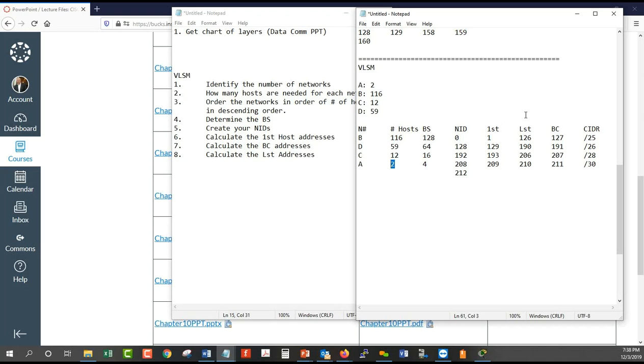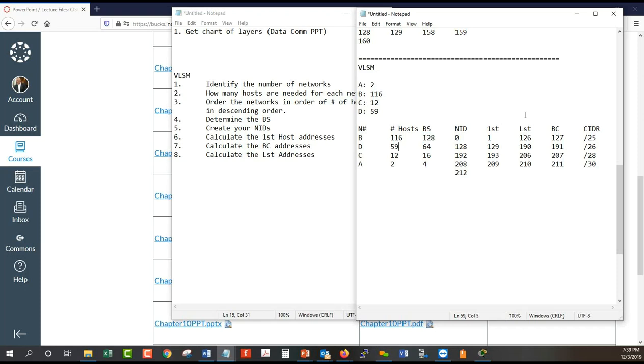So variable length allows us to more efficiently assign IP addresses closer to the number that are needed. So in the case of network B, I needed 116. I allocated 128. So there are going to be 12 addresses which I'm not going to use because I only need 116.